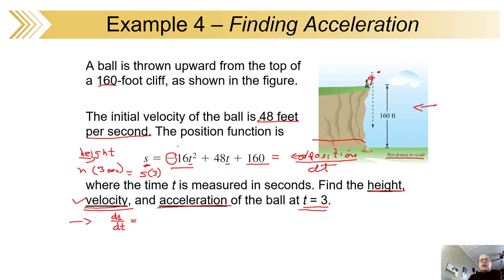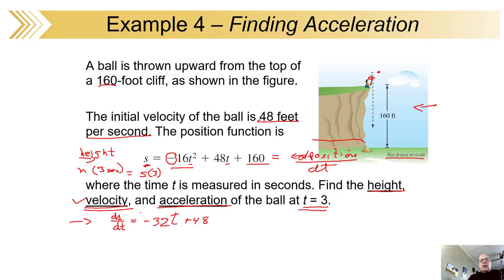So bring that 2 out front. That'll give us a negative 32. 2 minus 1 gives us just a straight t. Take the derivative of 48t. That gives us just 48. And the derivative of 160, of course, is 0.